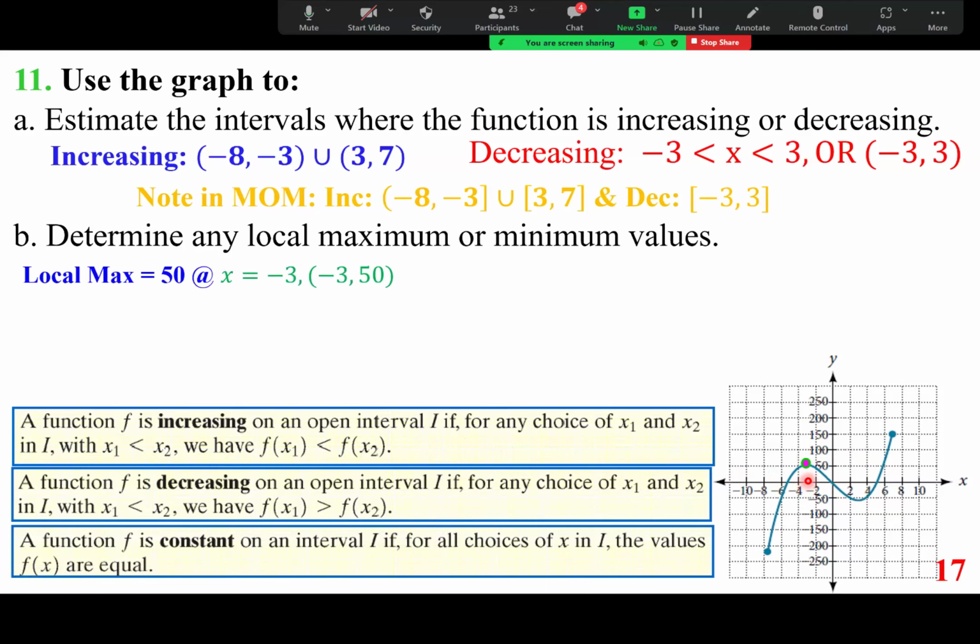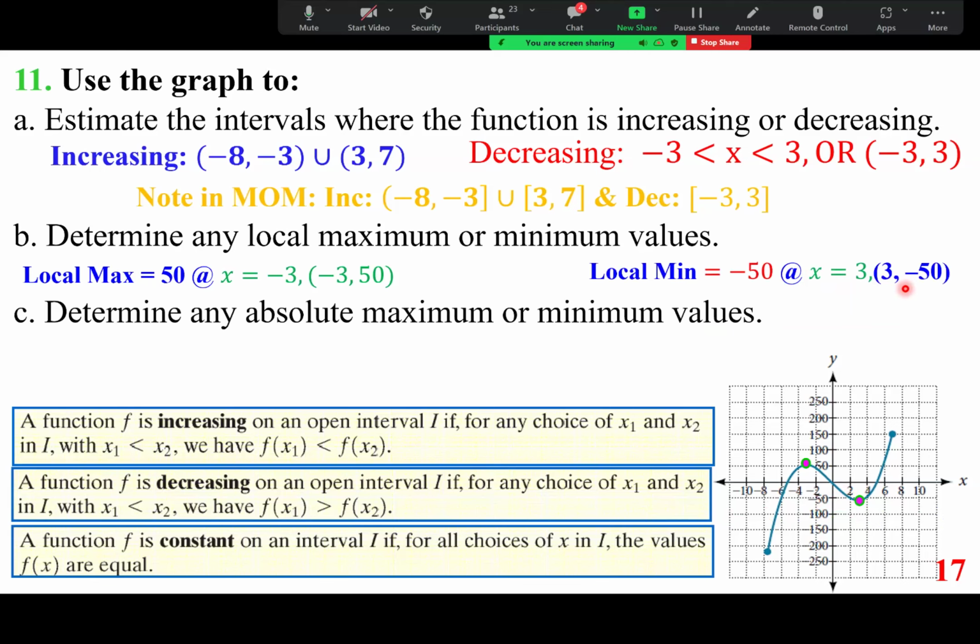We say local max equals 50, either at x equals -3 or the pair -3 comma 50. This one is a local min, and the coordinates are 3, -50. So local minimum is equal to -50, either at x equals 3 or the pair 3 comma -50.